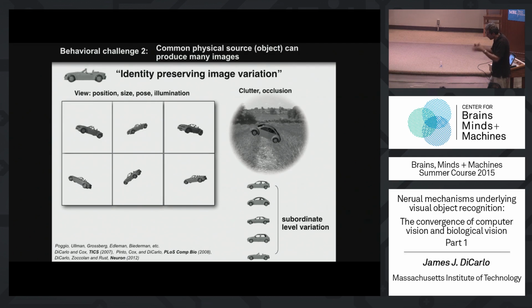This is why the barcode reader in your supermarket works fine, because the code is always laid out very simply. But when you have to generalize across a bunch of conditions, potentially things like even background clutter, even more severely occlusion, things you heard from Gabriel, or you may even want to generalize across the class of cars, where the cars have slightly different geometry, but they're still cars. These kinds of generalizations are what make the problem hard. So I'm lumping them all together in what we call the invariance problem.